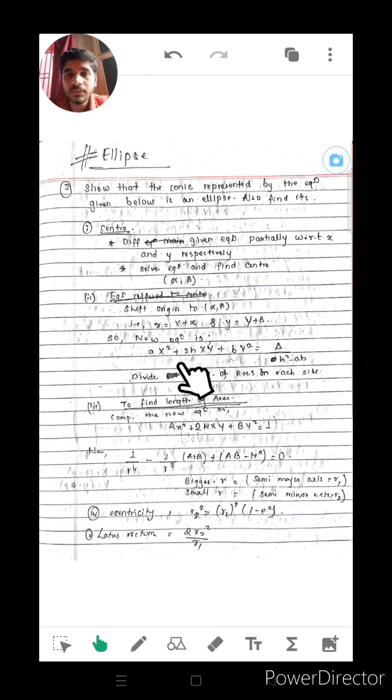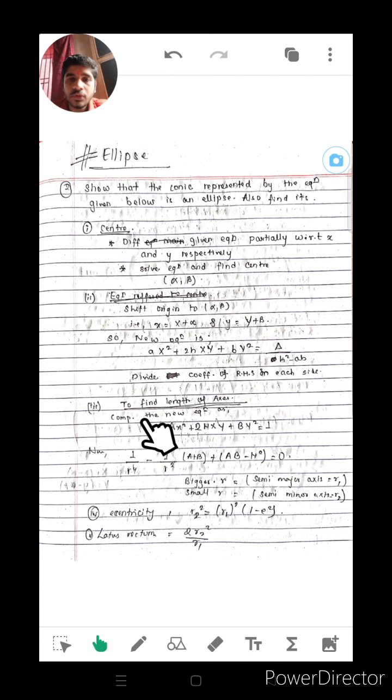So the new equation will be a X square plus 2h XY plus b Y square equals this determinant value by h square minus ab. By dividing this on both sides, we'll get a new equation which is referred to the center.